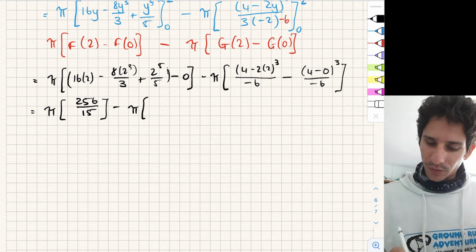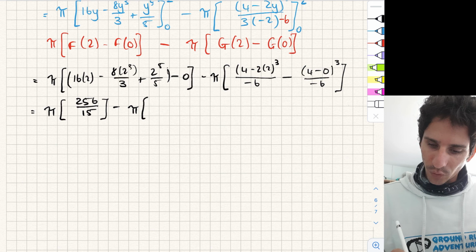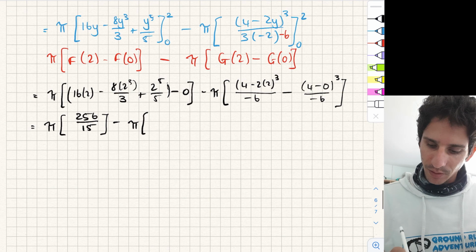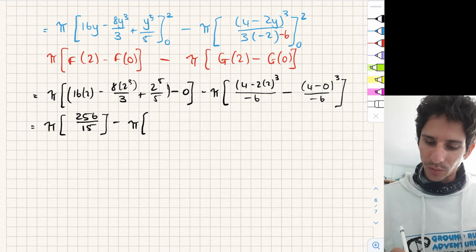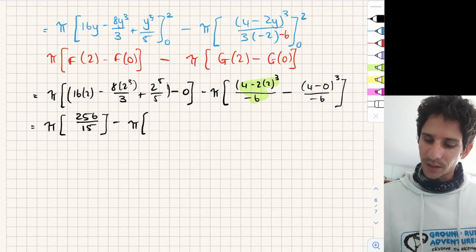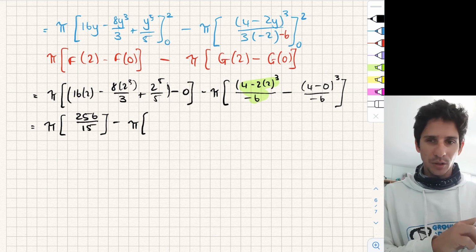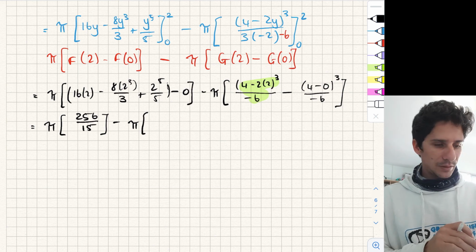Right, if we have a look at the first part of this, the first part is going to disappear because this is 4 minus 4 cubed, which is just 0. So this first part becomes 0. Right, the second part is going to be 4 cubed divided by negative 6.